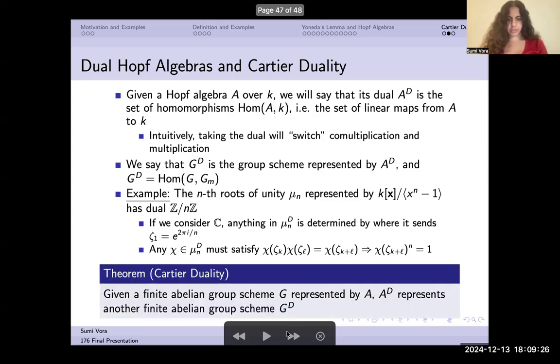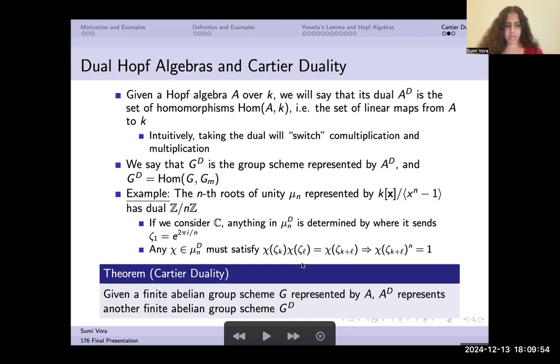And this is actually true, according to Cartier duality, of all finite abelian group schemes: if you take the dual, you'll always get back another finite abelian group scheme, which is pretty powerful, right? Because that's maybe not obvious when you think about group schemes in terms of just solutions to polynomial equations.